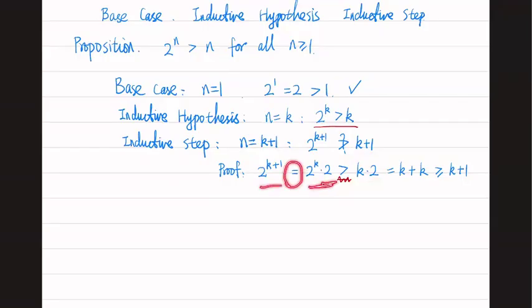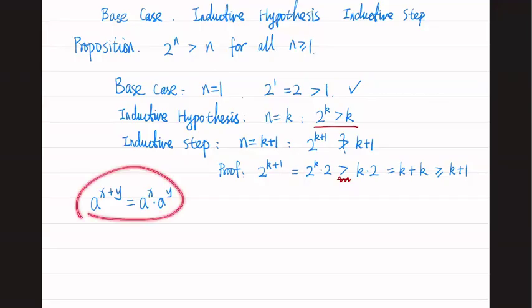Okay, so how do we go from here? So we have the power rule. A to the x plus y. What's the formula, Aaron? That's basically a to the x times a to the y. So here we applied this formula.